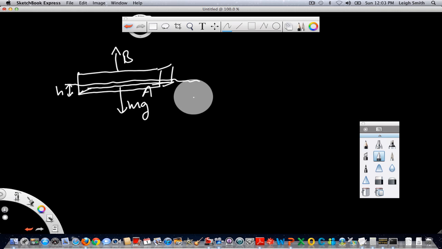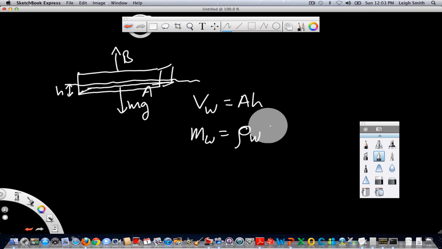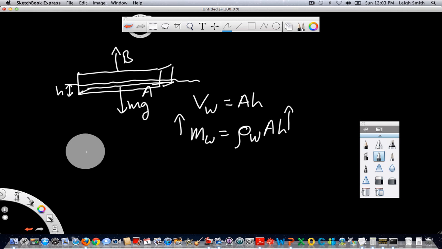And so the volume of the water that's displaced is just the cross-sectional area of the boat times h, which means that the mass of the water that's displaced is the density of the water times the volume of the water, or A times h. So clearly if h gets larger, then the mass of the water that's displaced gets larger.